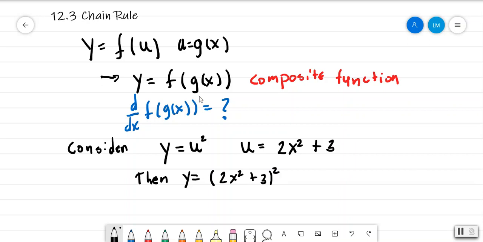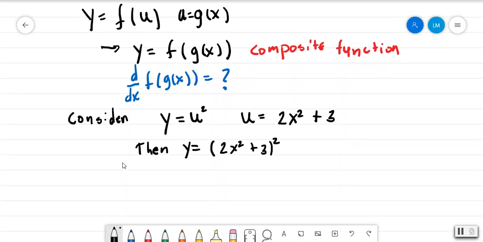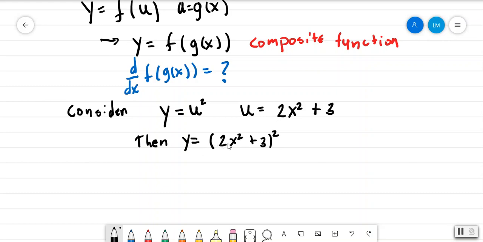Now, we know that we can take the derivative by probably just expanding both terms, but now we can use what is called chain rule. Even though we haven't really said what chain rule is, this is the way that we look at it. Let's say that we want to find dy/dx. Notice that if we look at the original two equations, u squared and u equals 2x squared plus 3, the way that we might write it is in the following manner.